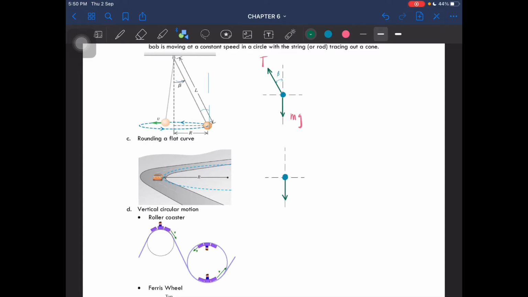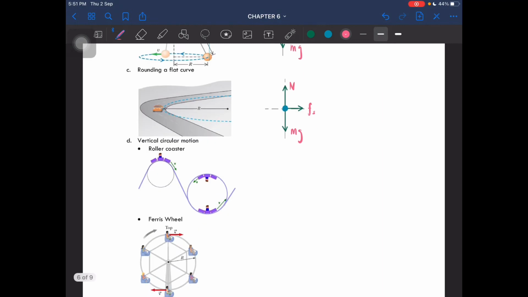For a car, the friction is between the tire and the road, so it is actually static friction. Then it has a normal force. So this is mg, this is static friction, this is the normal force. That is the free body diagram for that.